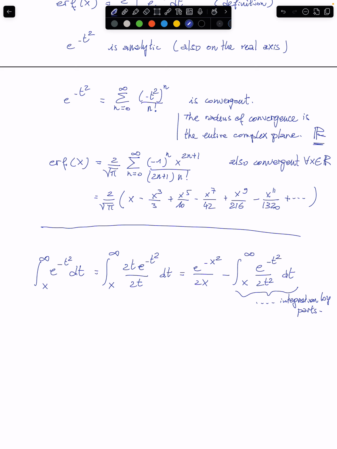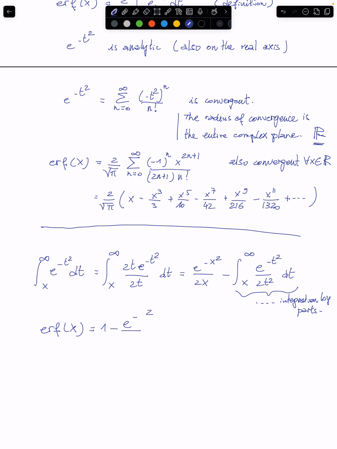And if we substitute this into the definition of the error function, the error function of z, we would obtain 1 minus exponential of minus z squared over x. Let me just use x because I was using x over here.